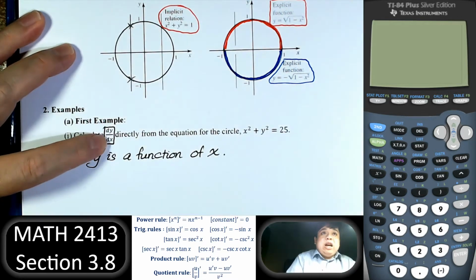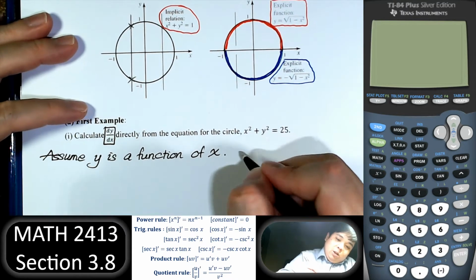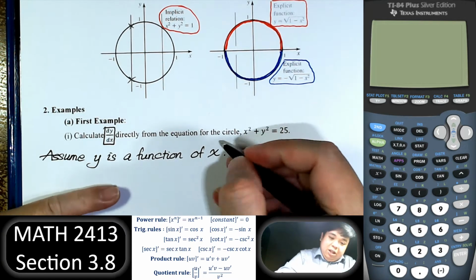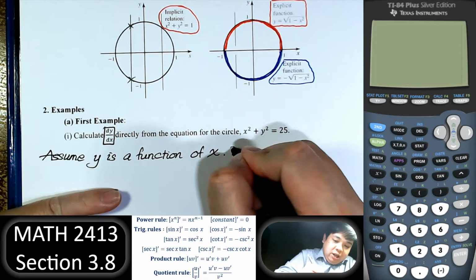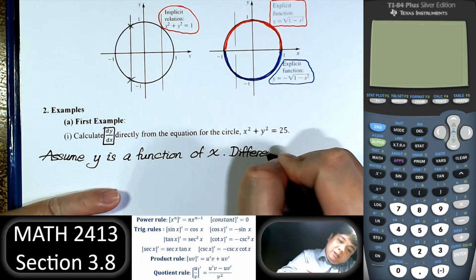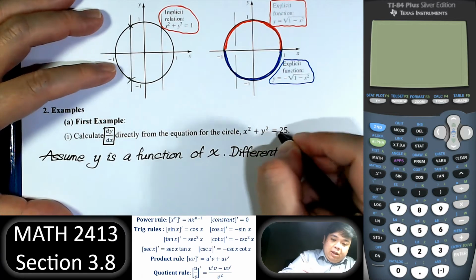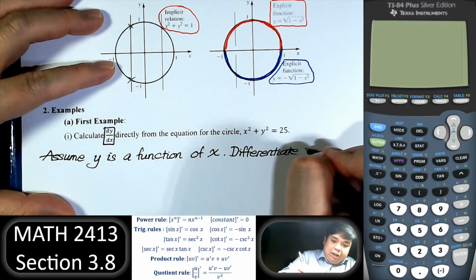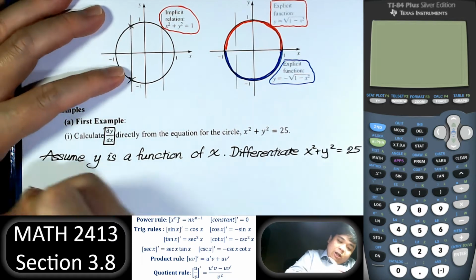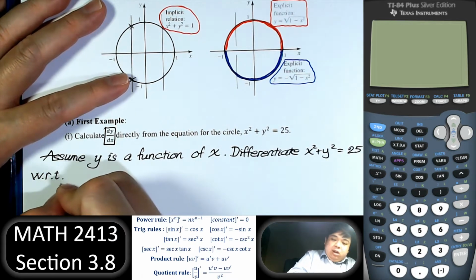After that, we take the derivative implicitly with respect to x. Taking the derivative is equivalent to saying differentiate, or differentiate meaning take derivative. Differentiate x squared plus y squared equal to 25 with respect to x.